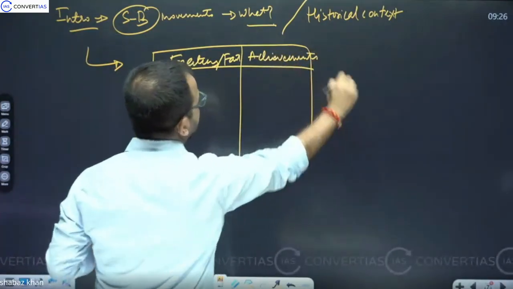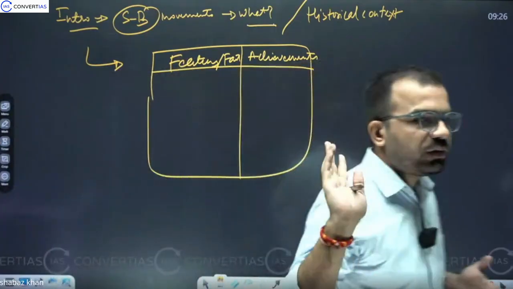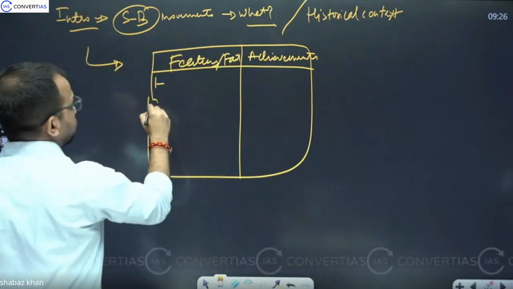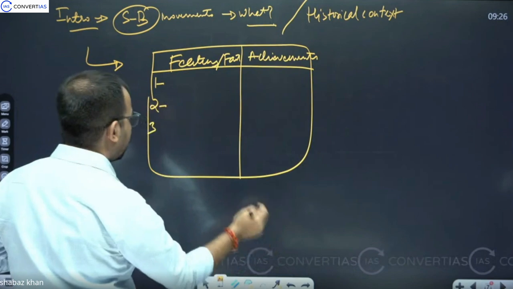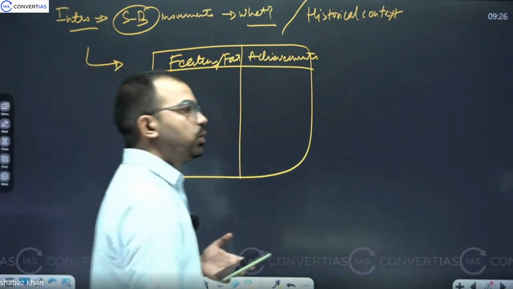You are going to write like this. What were the features and how did they lead to the achievements? Time period can also be used. Some of the features you can write.